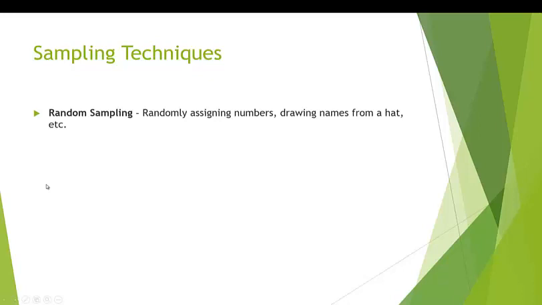So let's first talk about how we're going to get a representative sample. We're going to talk about 4 techniques here. The first one is called random sampling. And this is simply randomly assigning numbers to students, drawing names out of a hat, and so forth. There's some randomness to it so that you are not biasedly picking certain students.